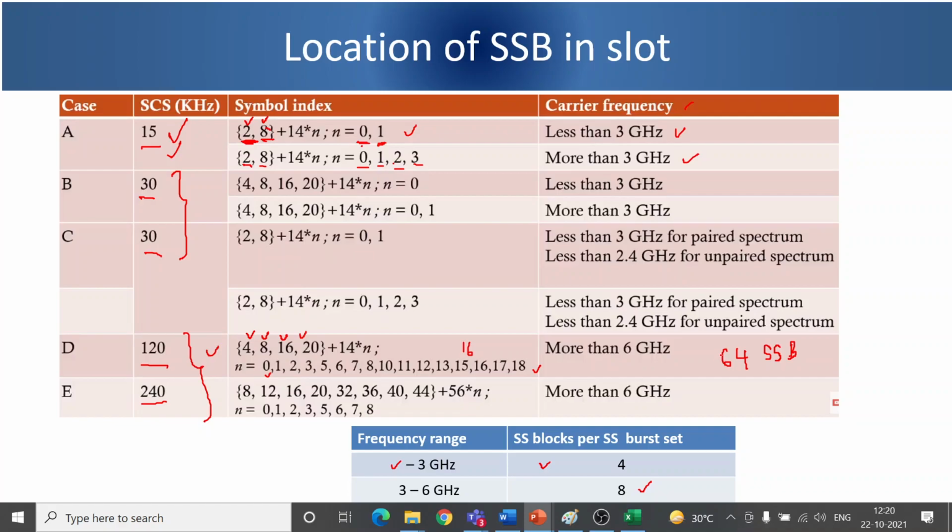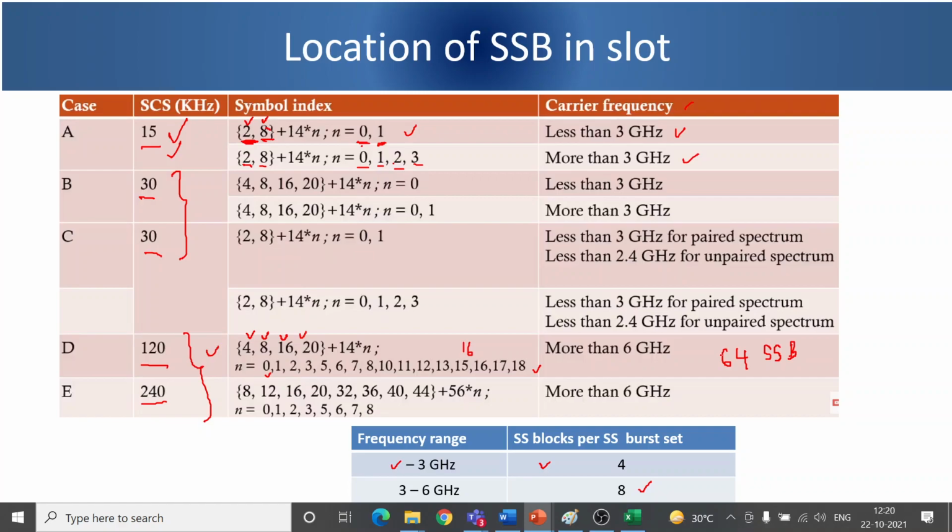Your UE already knows, since these tables are already configured in the user equipment devices, what the subcarrier spacing is and what the start point of the SS block symbol is.